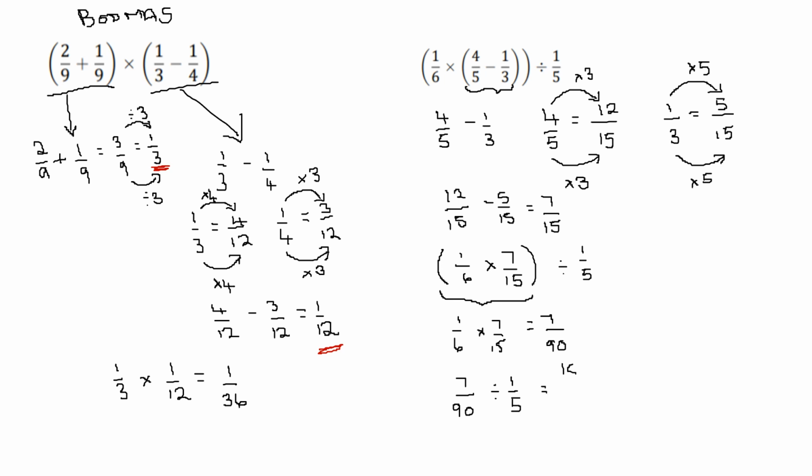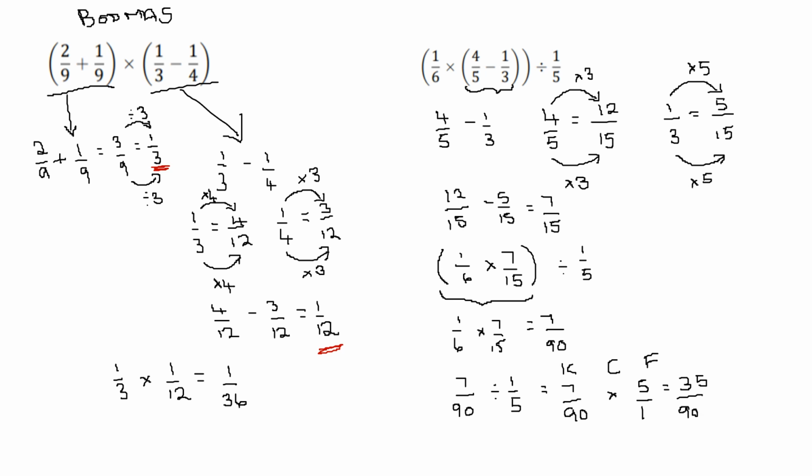So I'm going to keep my 7/90. I'm going to change my division to a multiplication, and I'm going to flip my second fraction upside down. That's going to give me 35/90.